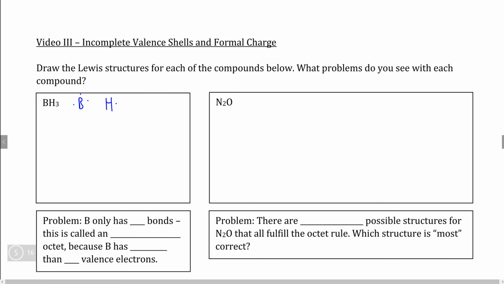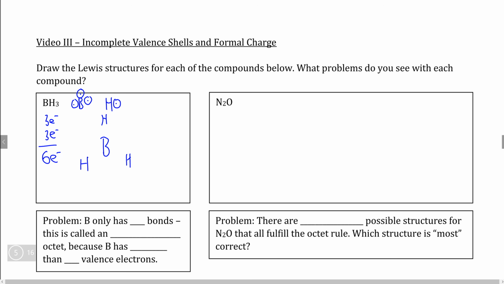Now, because all 3 of boron's electrons are unpaired, and again, hydrogen only has 1 unpaired electron, we know that boron is going to be the central atom with each of the hydrogens peripherally around it. If we count the total number of electrons, boron has its 3, hydrogen has 1, and there are 3 hydrogens, meaning that there's another 3, for a total of 6 electrons that we're working with.